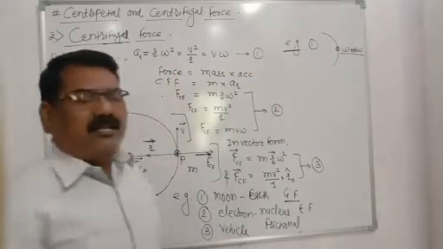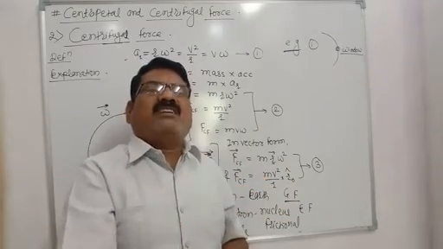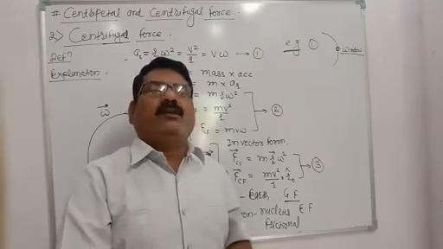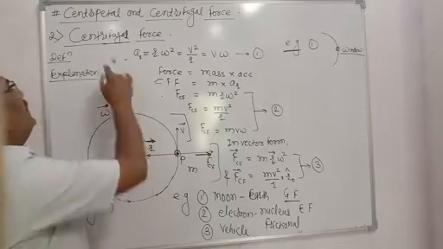When a car is taking a turn, the passengers are pulled towards the window. That happens due to the centrifugal force.